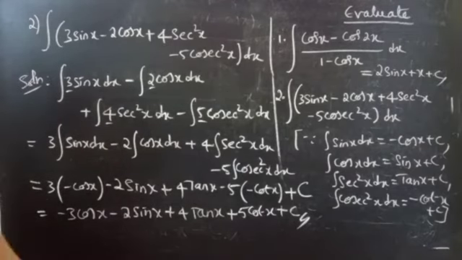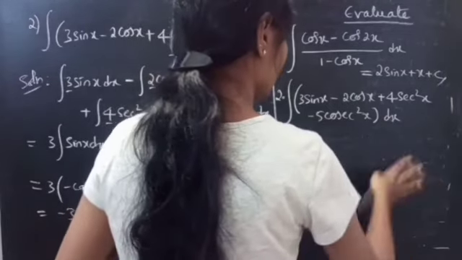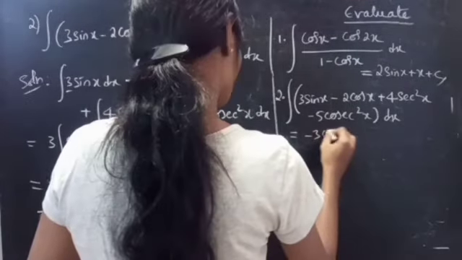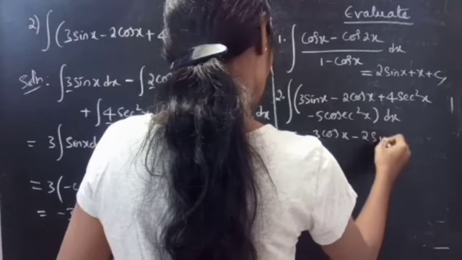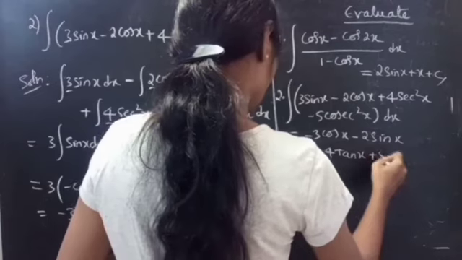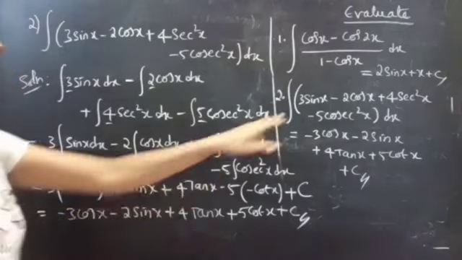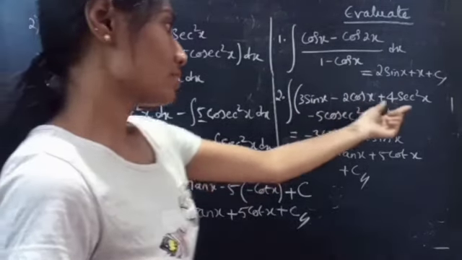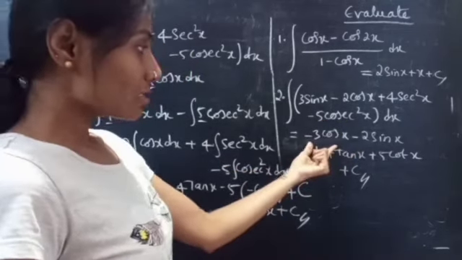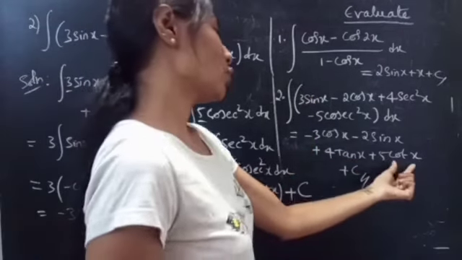Therefore, the integral of 3 sin x minus 2 cos x plus 4 secant square x minus 5 cosecant square x into dx is minus 3 cos x minus 2 sin x plus 4 tan x plus 5 cot x plus c.